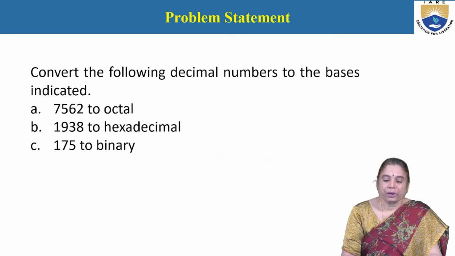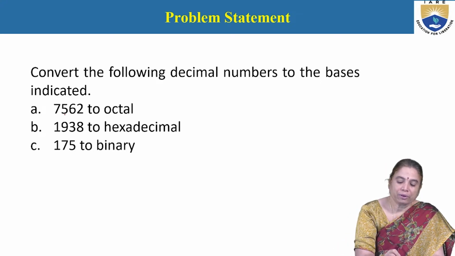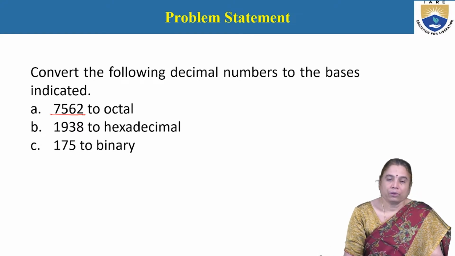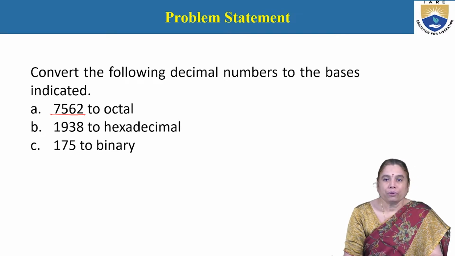Next problem statement. Convert the following decimals to the bases indicated. So here the number 7562 has to be converted to the octal number system. To convert a decimal number into binary, the base value of the binary number system is 2, so the number is divided by 2.